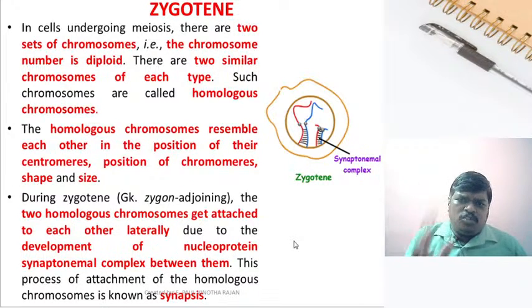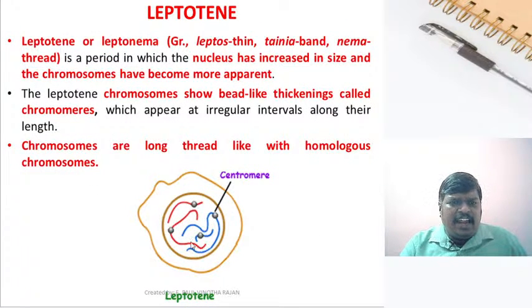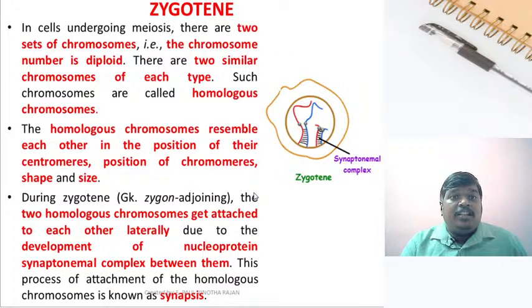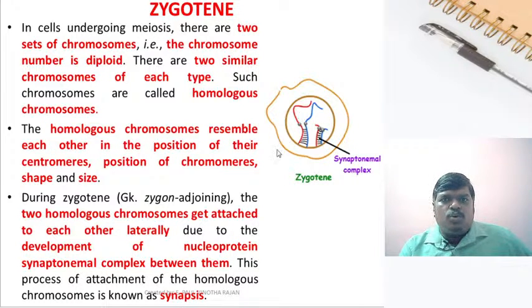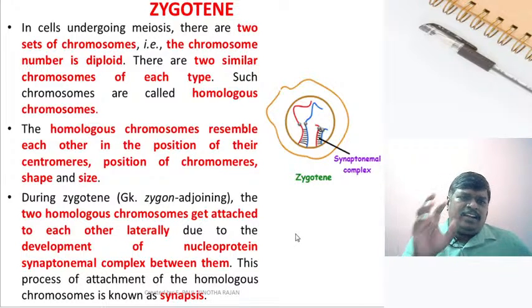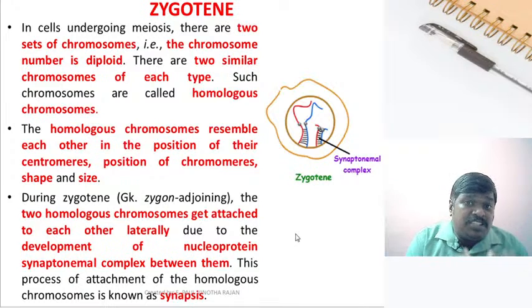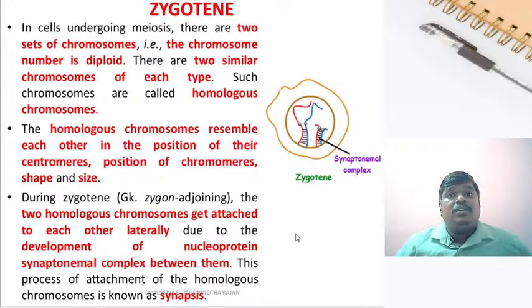The homologous chromosomes resemble each other. For example, here one is short, the other one is long. Here also one is short, the other is long. So what will happen here? The pairing of chromosomes takes place based on the structure. So you can see 2 short and 2 long chromosomes, and they arrange themselves according to the position of the centromere.